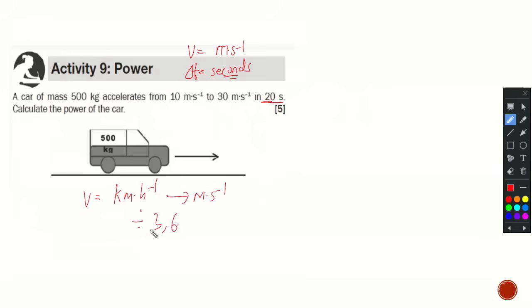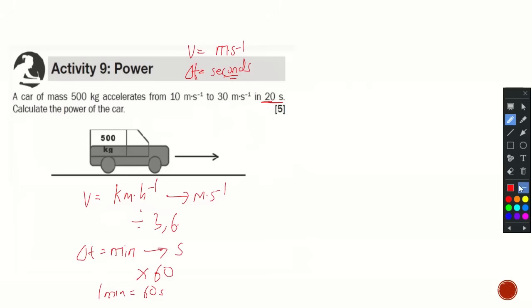And sometimes you might be given your delta time in minutes, which to convert to seconds you multiply by 60, because 1 minute is 60 seconds. So note that.